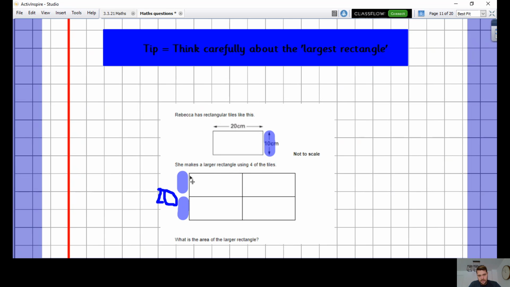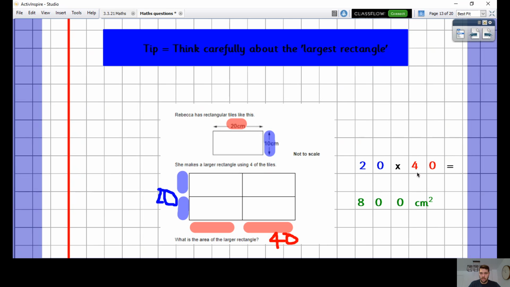I know that 10 centimeters is the length of one rectangle, so all of this is going to be 20 centimeters. And I know the width of one of my rectangles is 20, so all of it is going to be 40. And then 20 times 40, we can do 2 times 4, and then times that by 100. So 8 times 100, 800 centimeters squared.